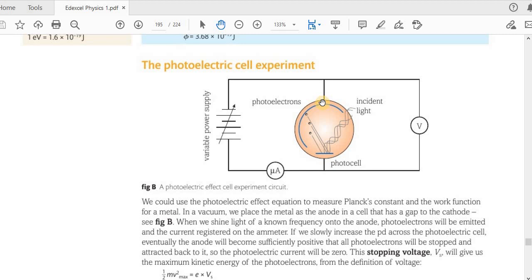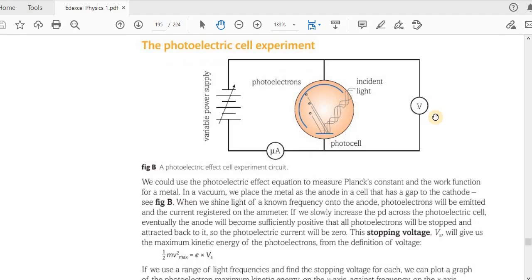At that point, the potential difference across this is the stopping potential. Then the reading here will become 0. In the beginning there will be a reading, and slowly we increase this until it drops to 0. At the point where it drops, that's the minimum potential difference to stop the current, which is the stopping potential.